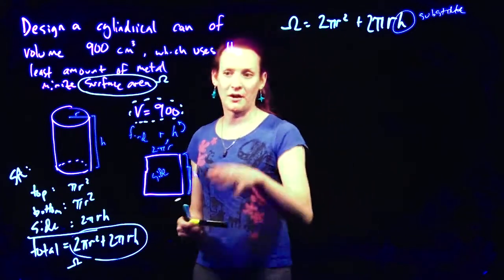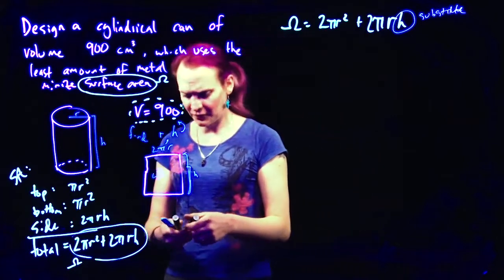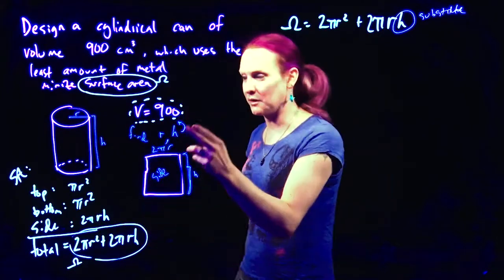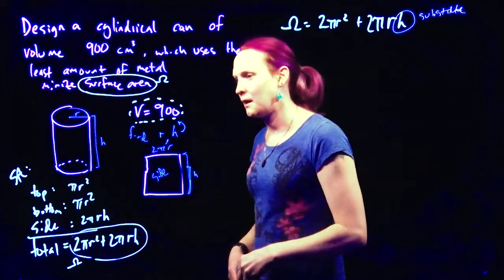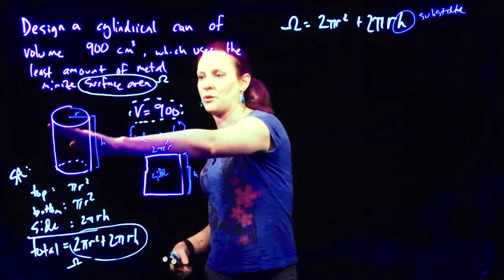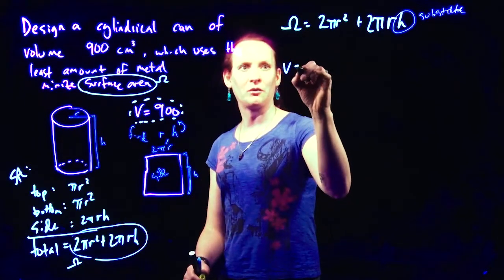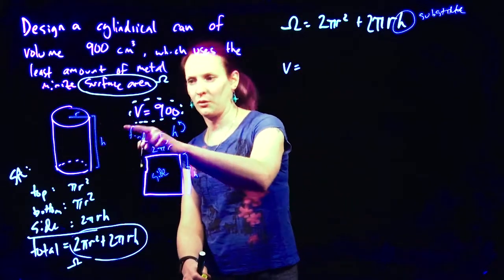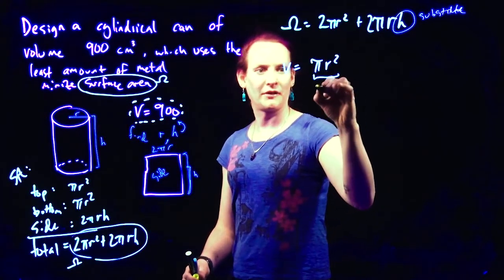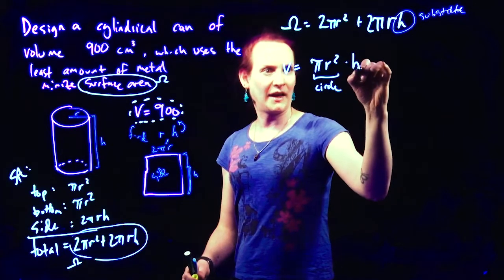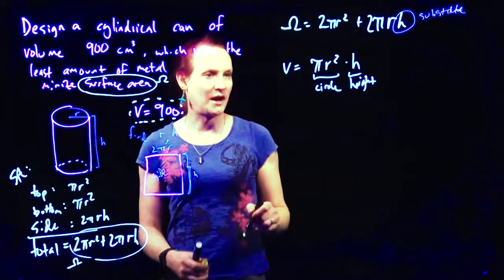So let's do a little bit of side work, and then we probably can erase it. The volume is 900, but we can also express it in terms of r and h. The cross-sectional area of this cylinder is pi r squared, that's a circle, times h, which is the height of the thing.